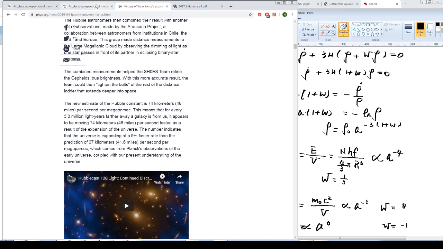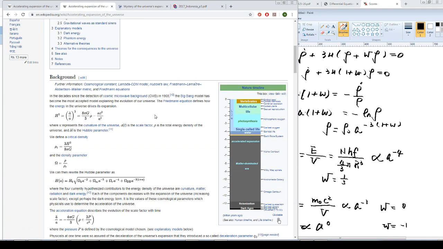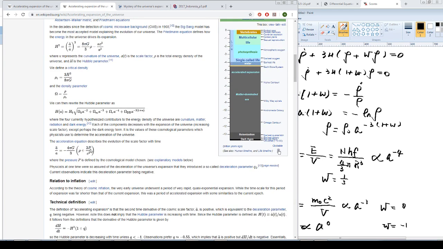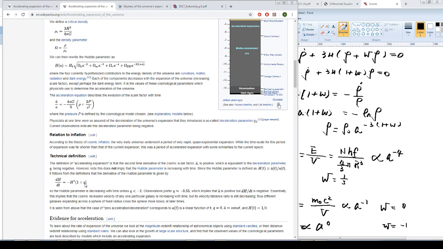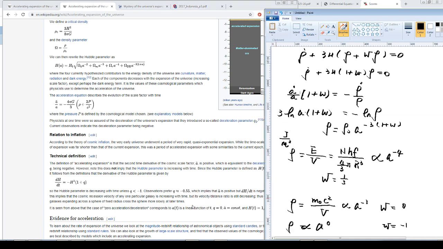So let's see if there's anything that will match up here. Is that Q? Yeah, I think Q is w here. Okay, Q equals 0 is the no-acceleration universe.